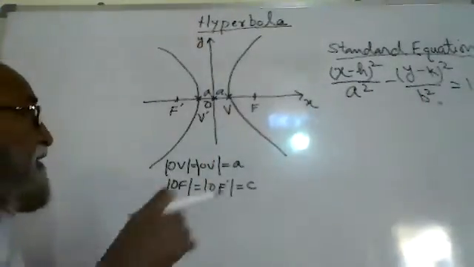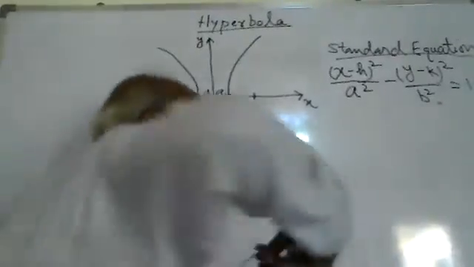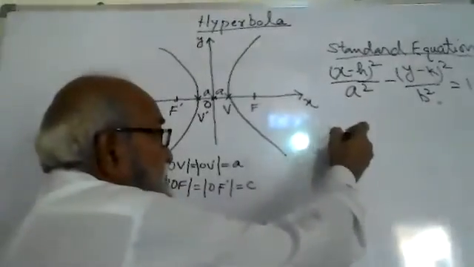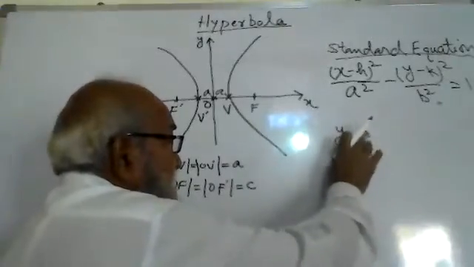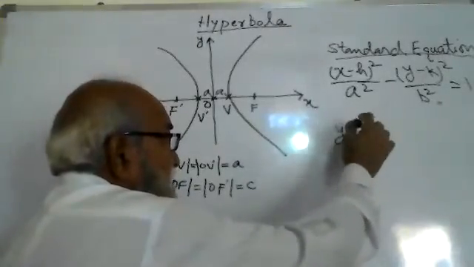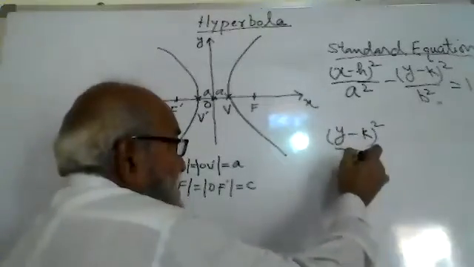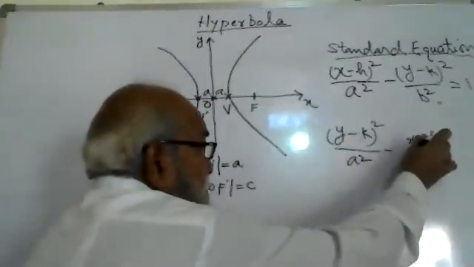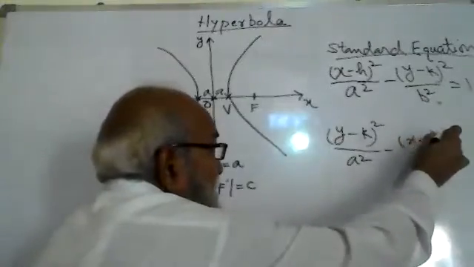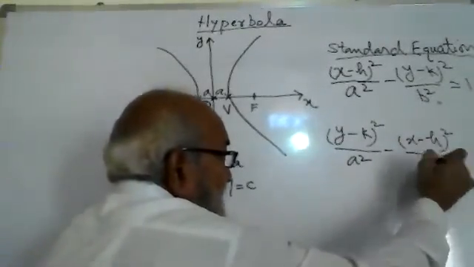In that case, the equation is y minus k whole square upon a square minus x minus h whole square upon b square equal to 1.